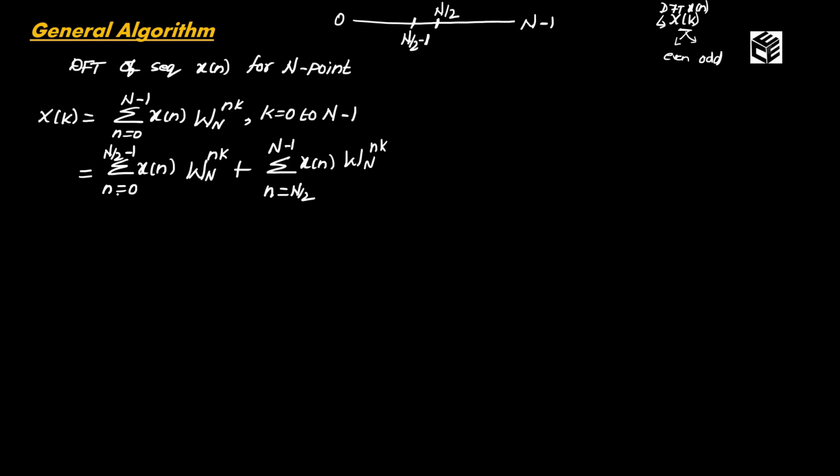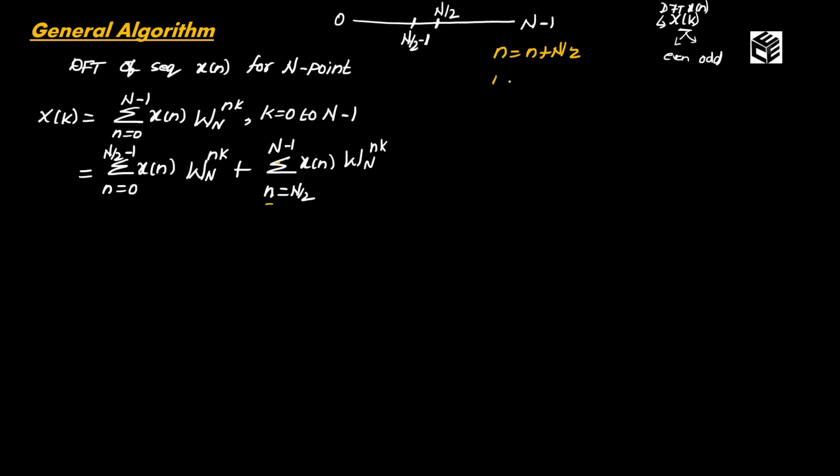In order to make the limits of the summation equal, I am going to substitute or replace the value of small n as n plus N by 2. We have 2 limits here, correct? n equal to N by 2 and n equal to N minus 1.